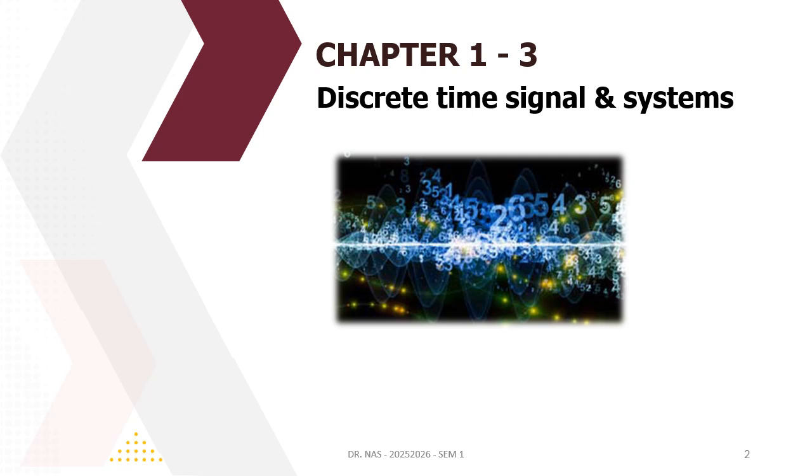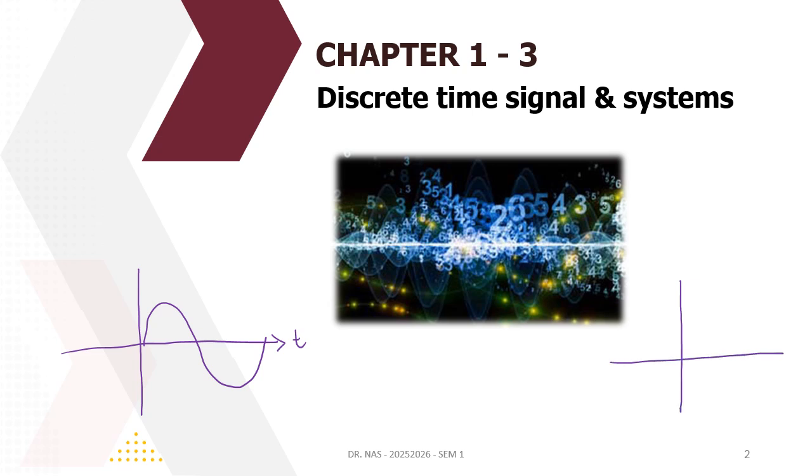If you still remember, continuous time signal could be in continuous time in T domain, or you can also have the digital signal still in T domain. But now we are going to look at discrete time signal, which will be in N domain.